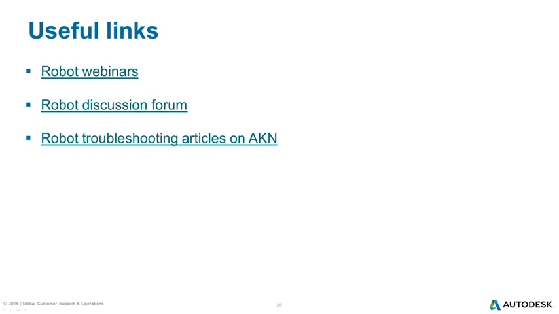If you are a Revit user, there was a webinar done by Rafał on a link between Revit and Robot. So your architectural model actually is a Revit model. That's the webinar to watch.